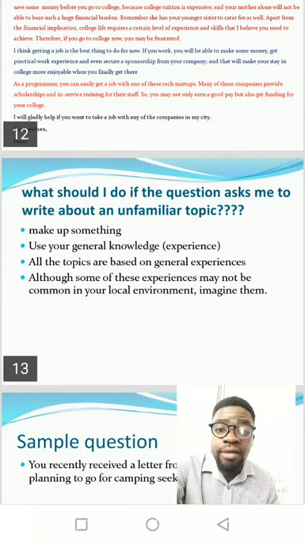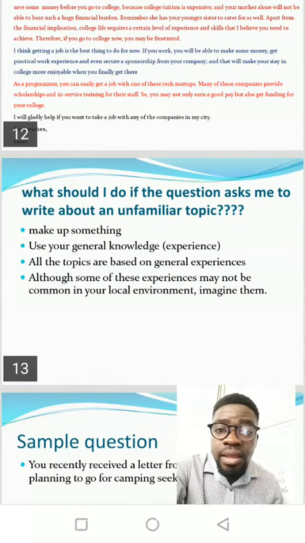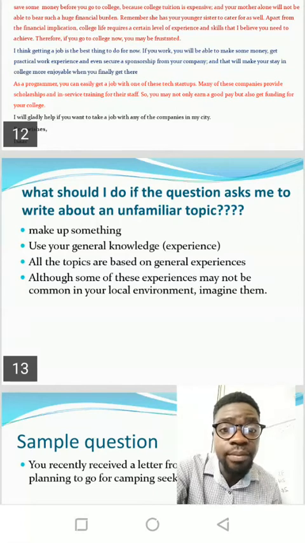Second paragraph is taking the second point, which is explain why getting a job is better. So let's see. I think getting a job is the best thing to do for now. If you work, you will be able to make some money, get practical work experience, and even secure a sponsorship from your company.